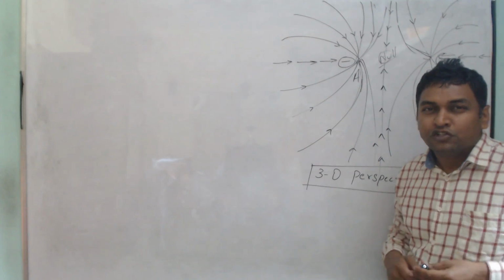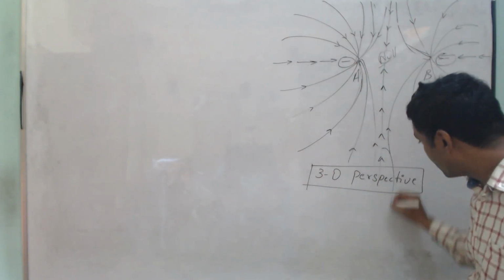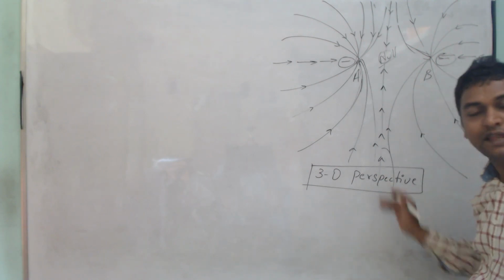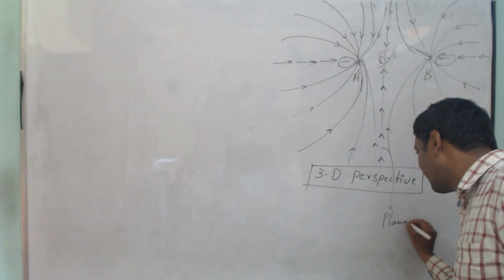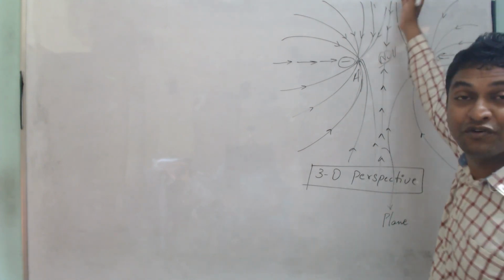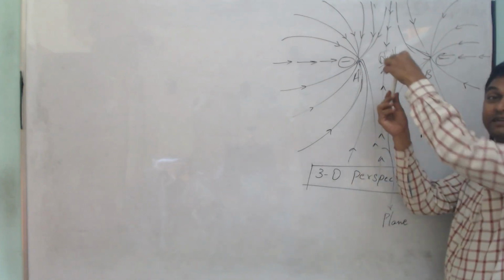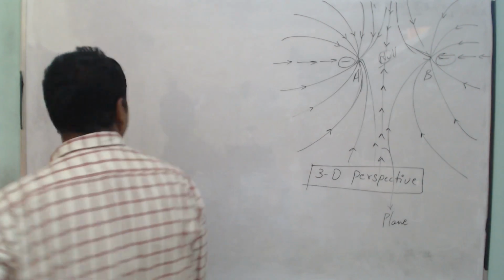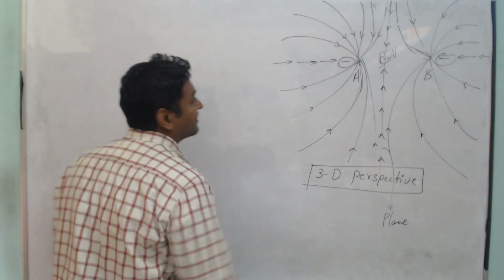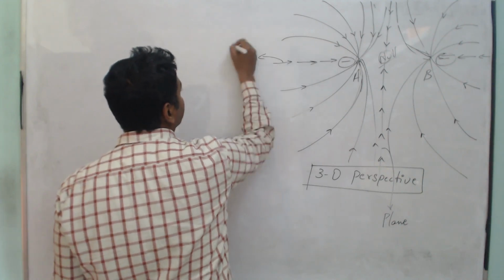So actually, the line that I have drawn over here is not actually a line, it is a plane. If you imagine the vertical line, there are infinite vertical lines. Yes, sir. Correct? And the line joining the charges will be a single line only. It will not be a plane.